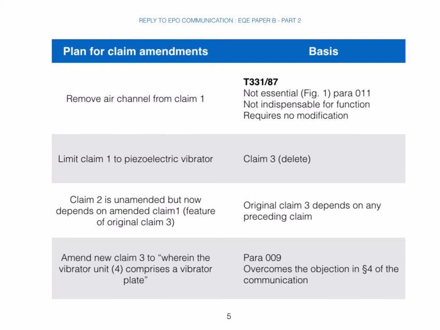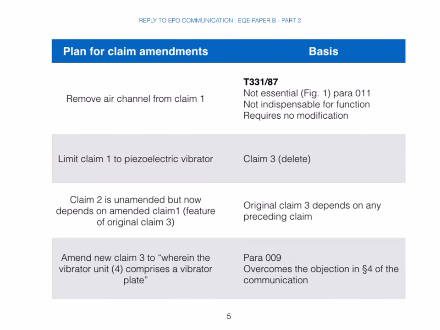The second amendment is to limit claim 1 to a piezoelectric vibrator, and this will be based upon original claim 3 that will be deleted. Claim 2 is unamended, but now depends on amended claim 1, which includes the feature of original claim 3, and the basis for this is that the original claim 3 depends on any preceding claim, therefore no subject matter is added.